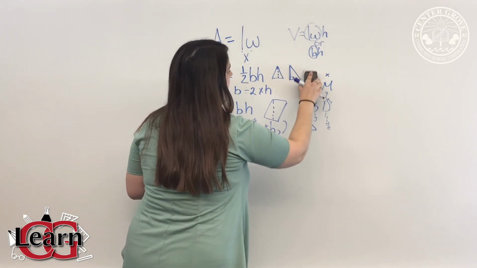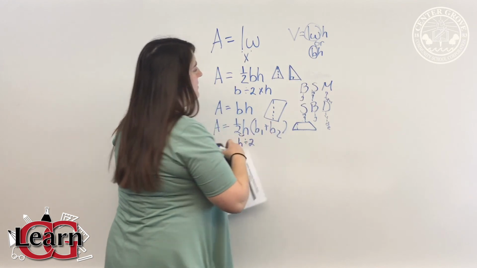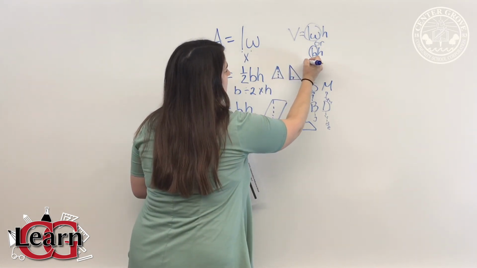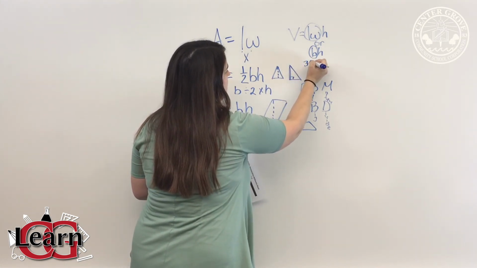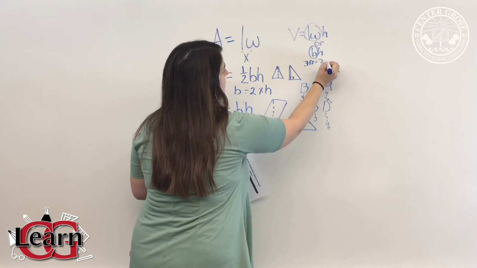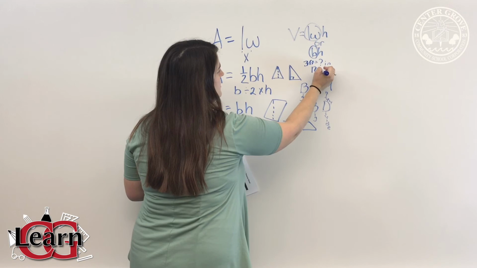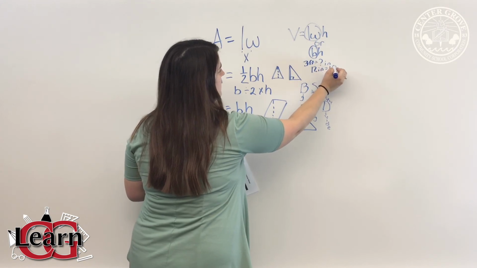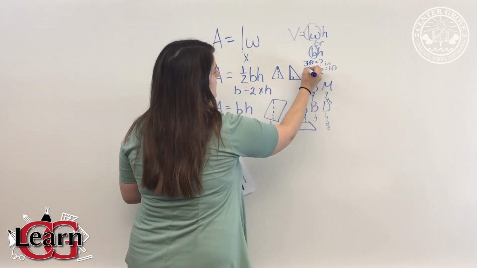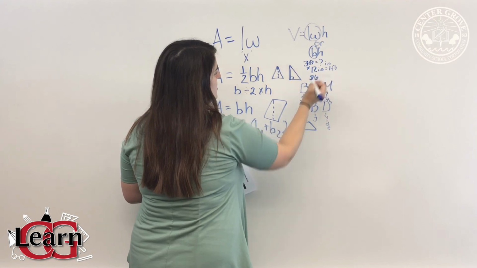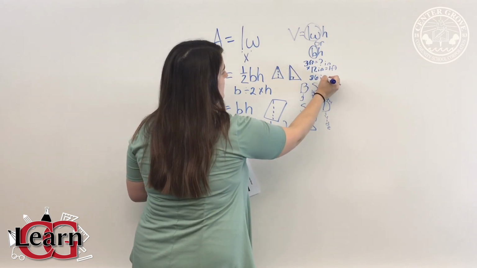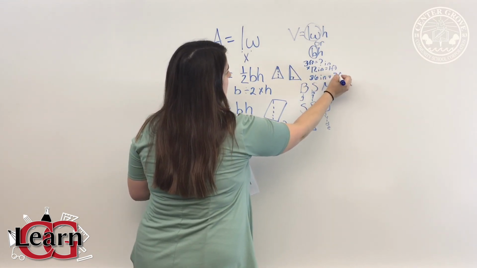An example of that might be if you have 3 feet and you want to know how many inches that is, there are 12 inches in 1 foot. So 12 times 3 equals 36. So there will be 36 inches in 3 feet.